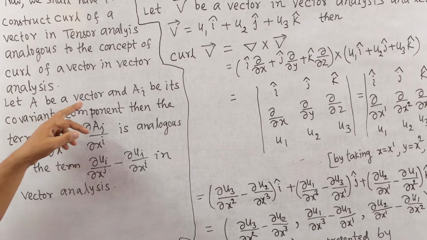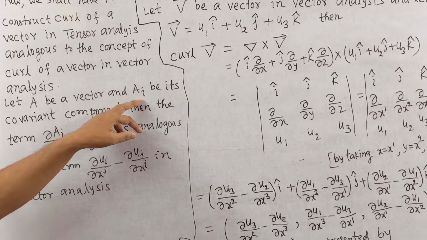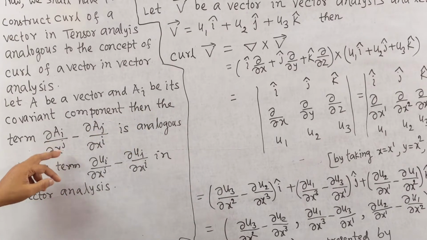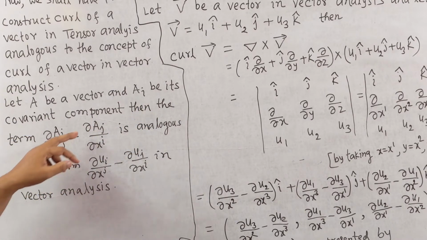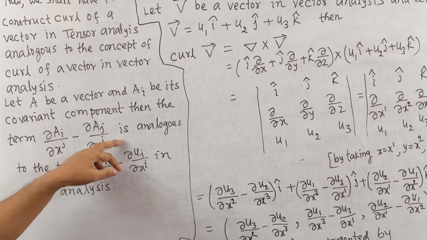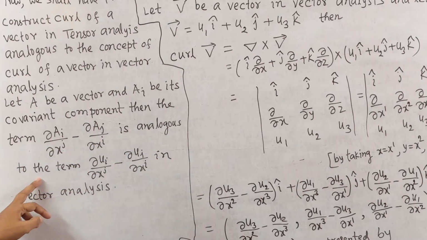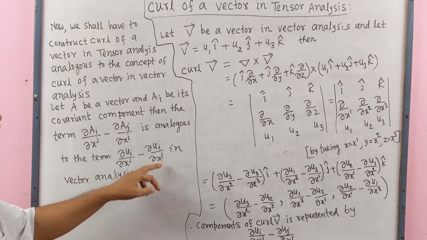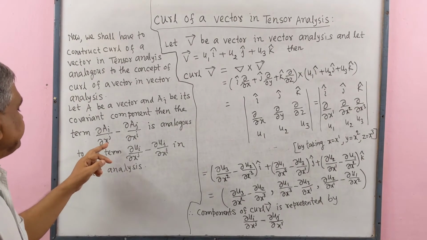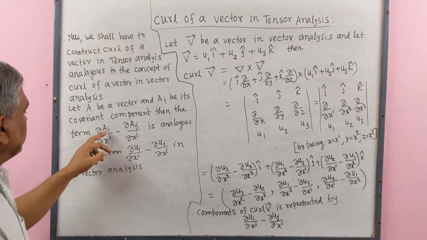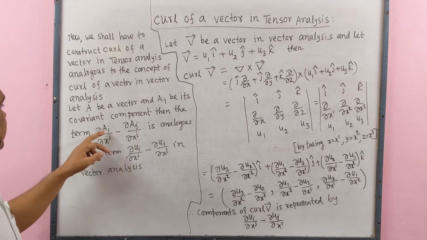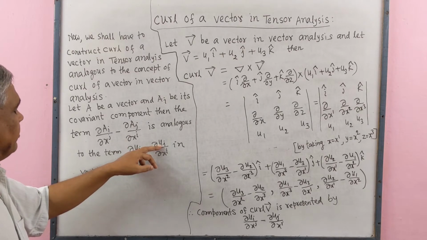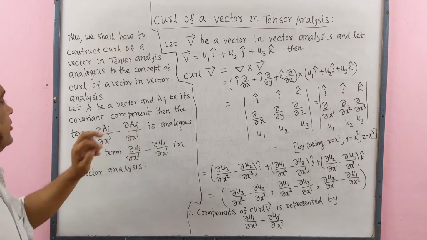Let A be a vector and Ai be its covariant component, then the term del Ai by del xj minus del Aj by del xi is analogous to the term del ui by del xj minus del uj by del xi in vector analysis. Here ui in vector analysis becomes Ai in tensor analysis, and uj becomes Aj.